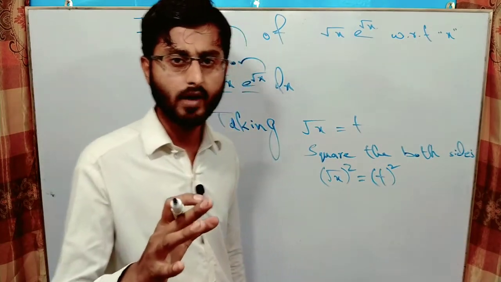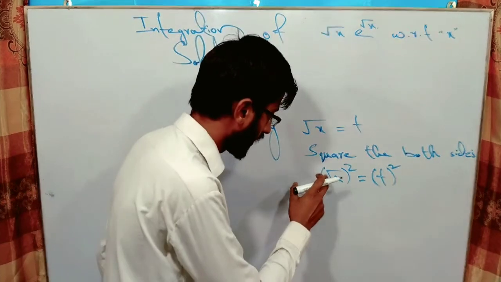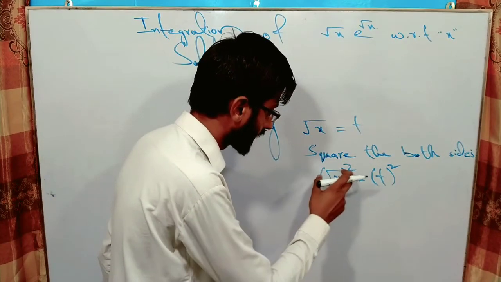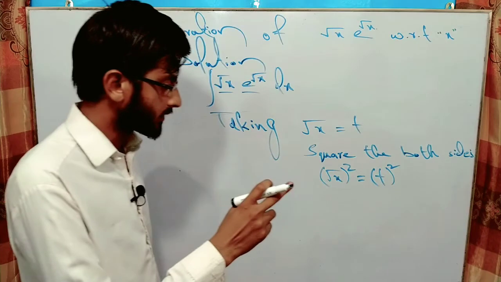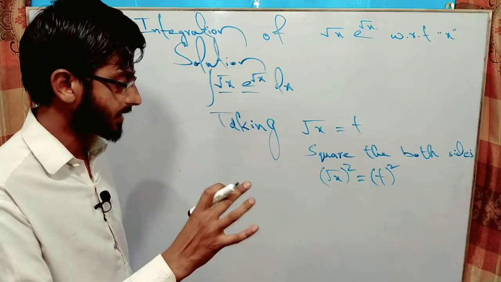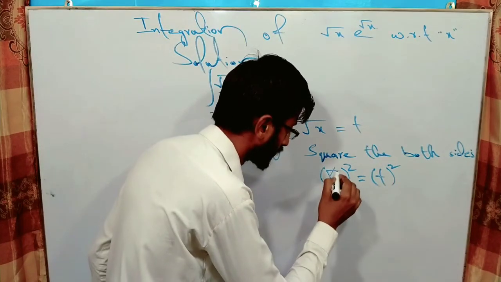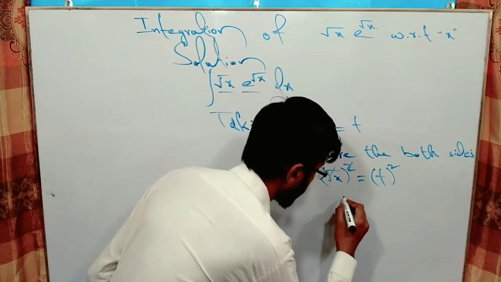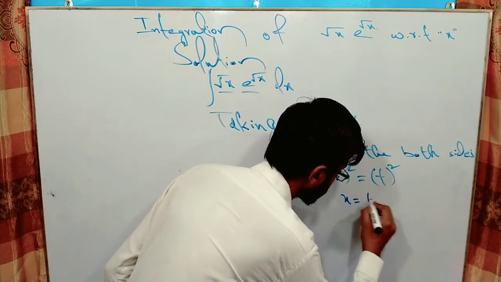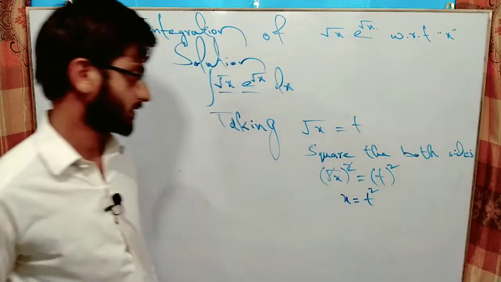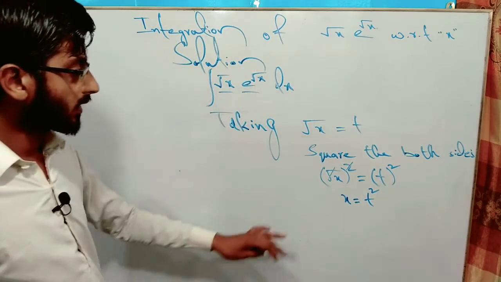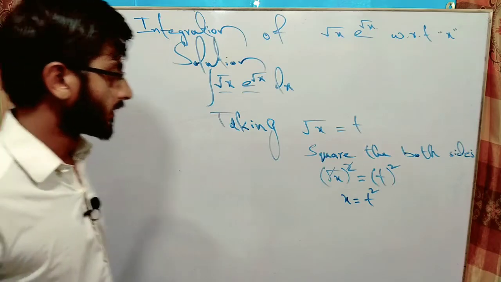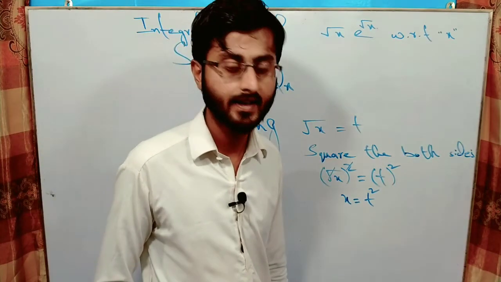As you know very well, under root and square are opposite operations, so here the under root and square will vanish. So x is equal to t square.